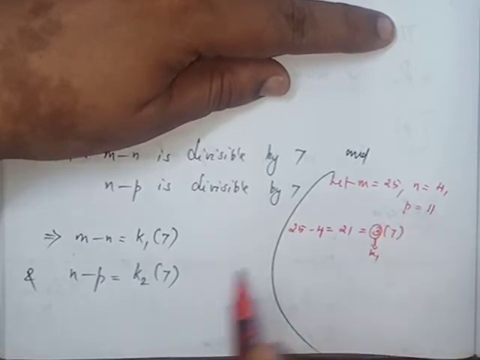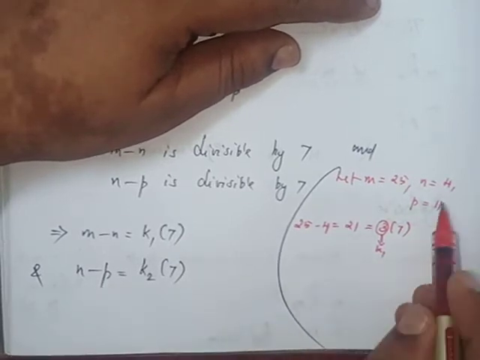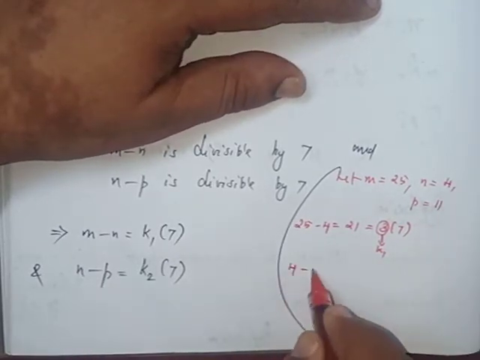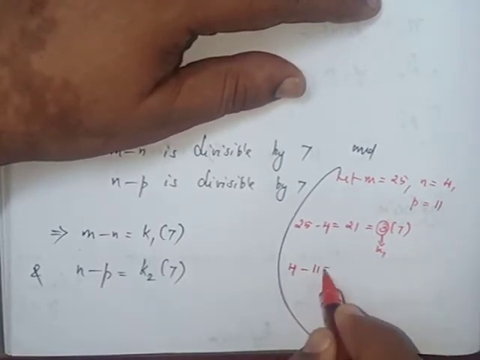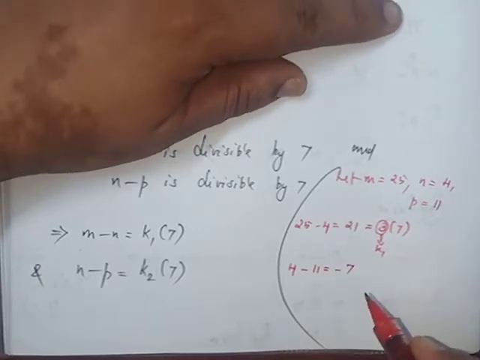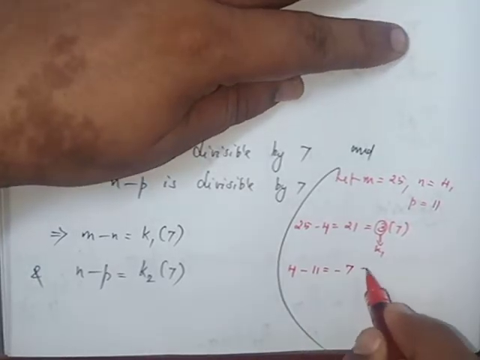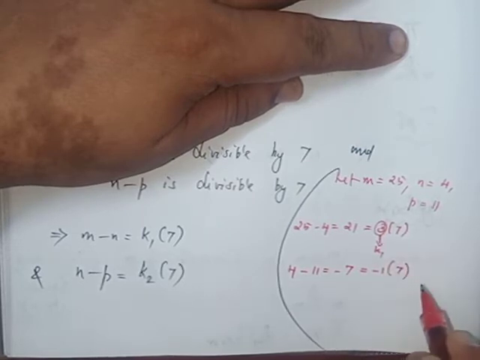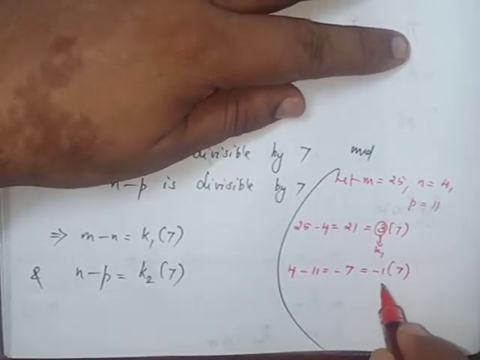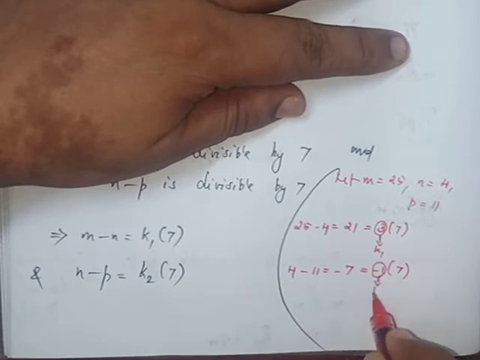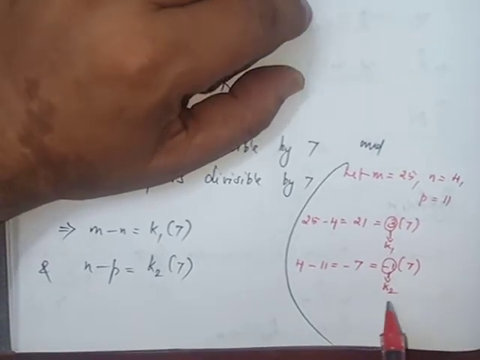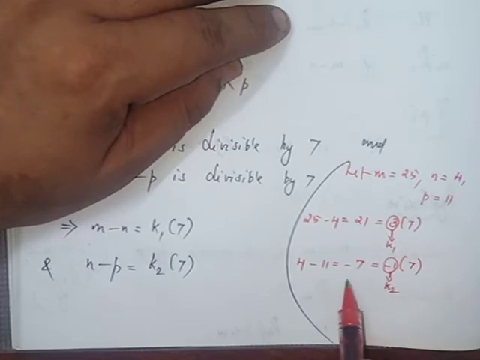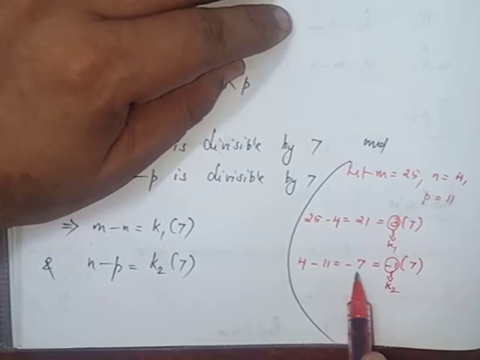Now I take n and p. n is 4 minus p is 11, that is minus 7, which is minus 1 times 7. So this is k2. So minus 7 is also divisible by 7.